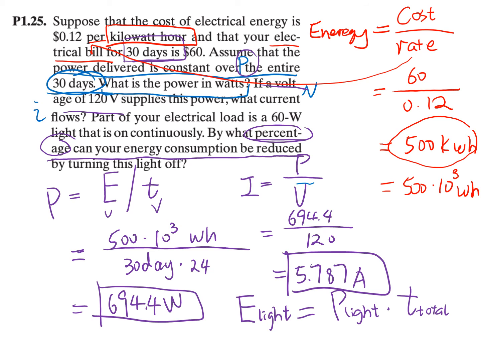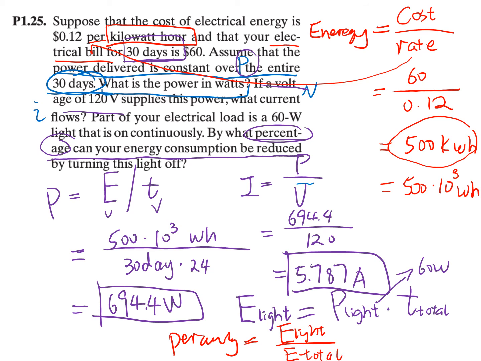And we know that P light is 60 watts. If we want to calculate the percentage, the percentage is equal to E light divided by E total.